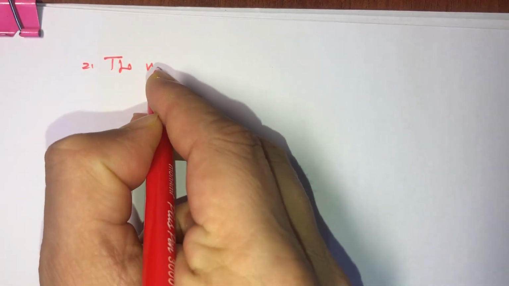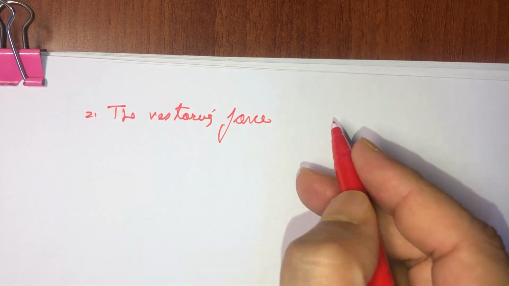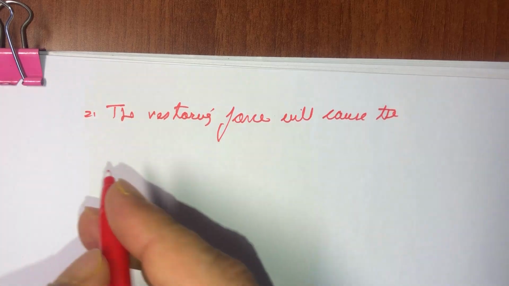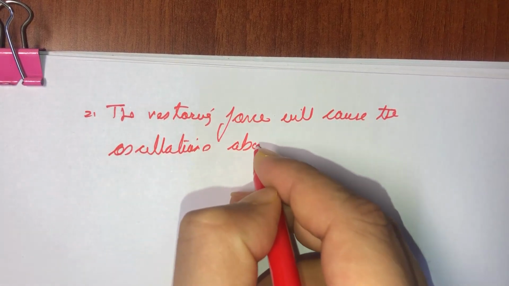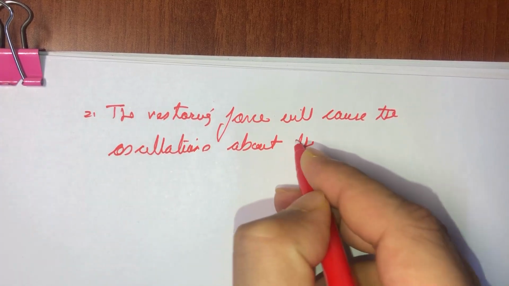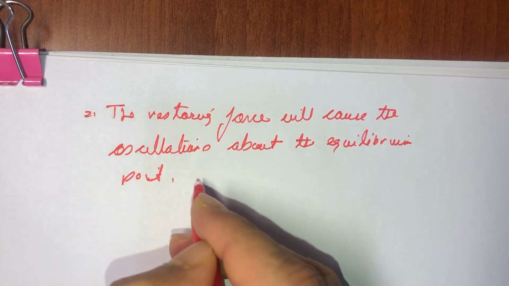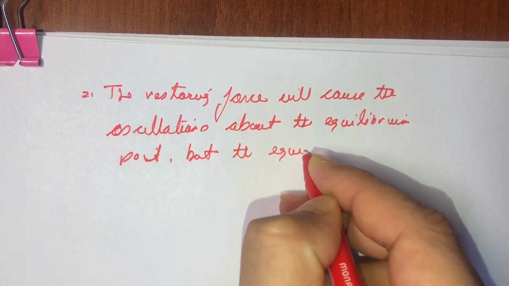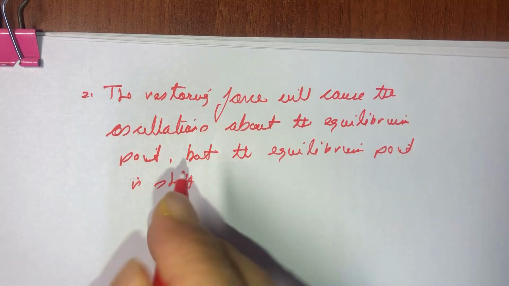So therefore we can say the restoring force will cause the oscillations about the equilibrium point, but the equilibrium point is shifted.